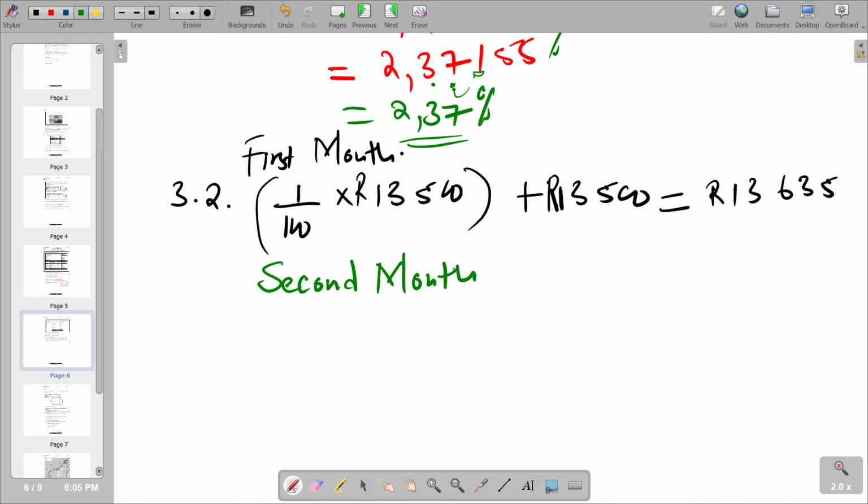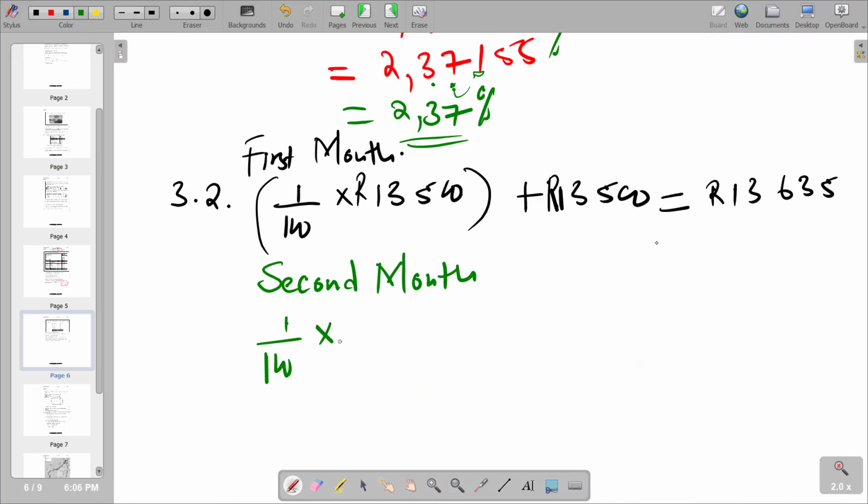So for our second month, this total amount is the one that we are going to use for the second month. The interest that we have added to 13,500 is inside 13,635, and it is also going to accrue interest. So that's the compounding. Our percentage still remains the same, 1 over 100.